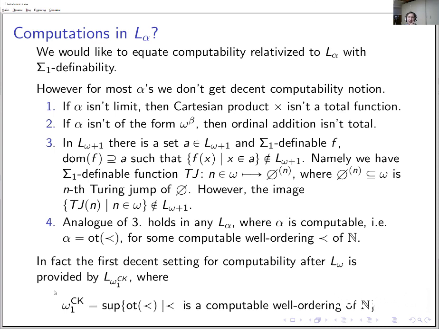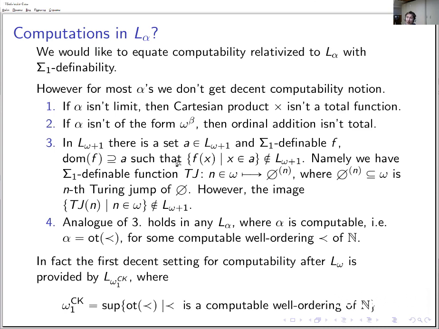I think the larger restriction is something like this. Suppose we have some set A and a sigma 1 definable function. The idea is that sigma 1 definable functions should be analogs of computable functions. So we want the sigma 1 definable function to be defined on the whole of the set A. Then it would be very natural to assume that the image of this function should be a set.